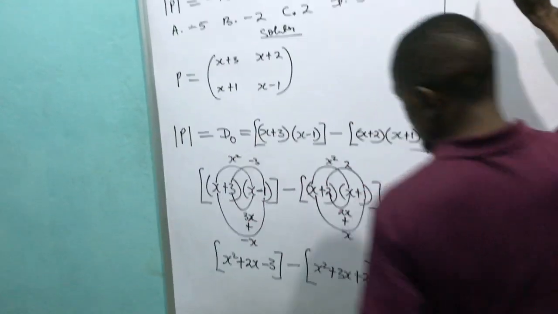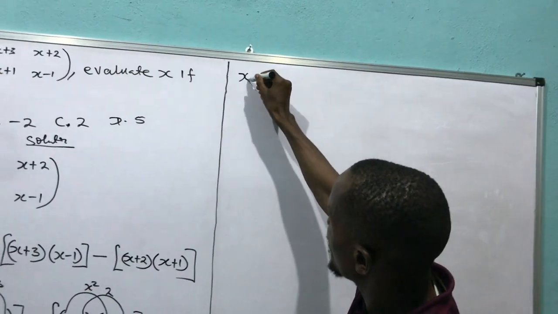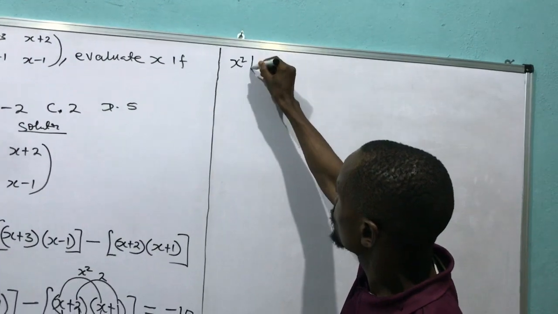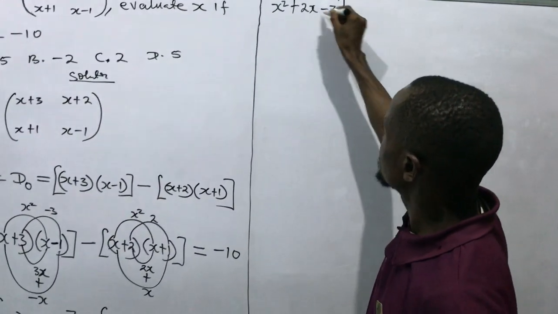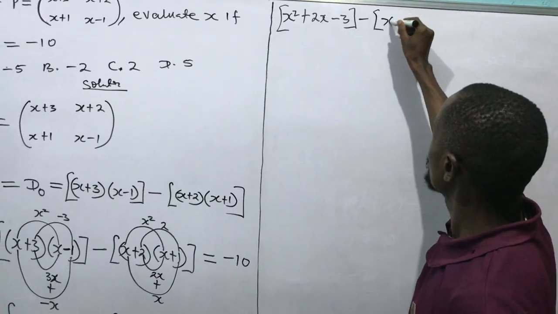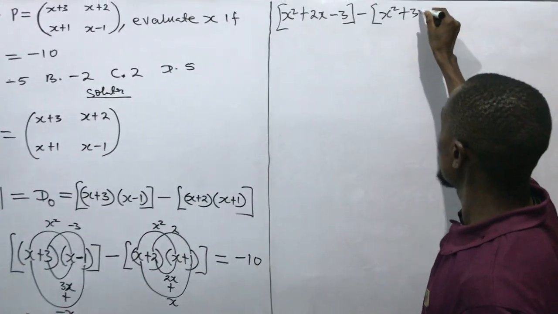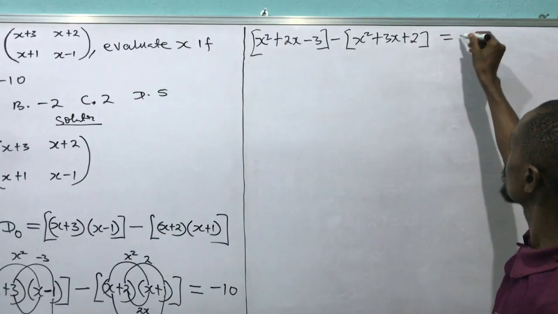Therefore, minus x squared plus 2x minus 3 in brackets, minus x squared plus 3x plus 2 in brackets, is equal to minus 10.